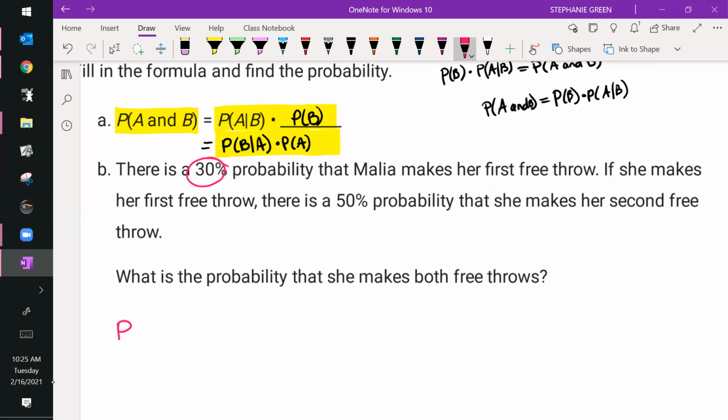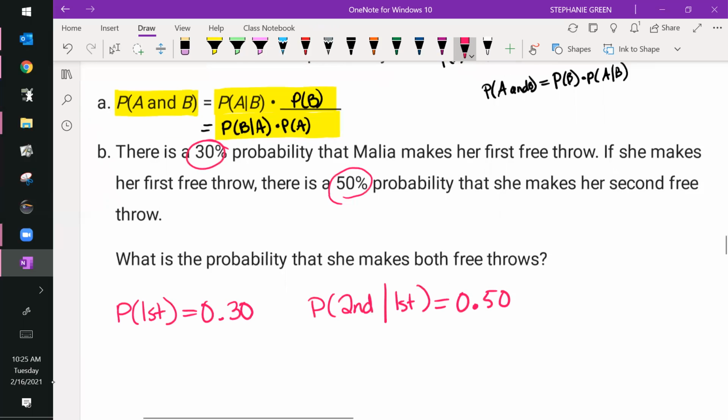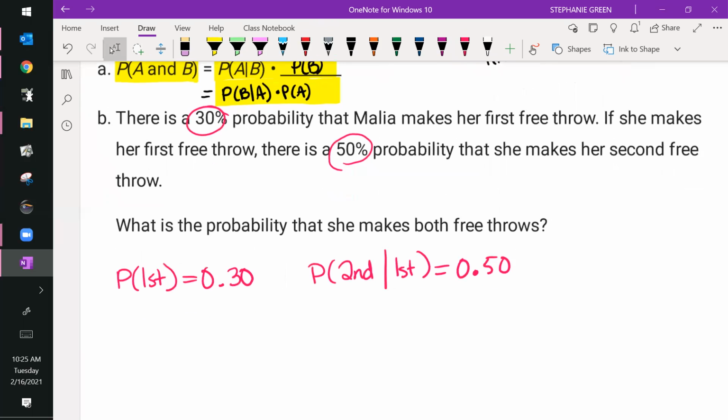That is the probability that she makes the first free throw. And we have this 50% here. What is that? That's the probability that she makes the second free throw given that she made the first free throw. And we want to find what is the probability that she makes both free throws, first and second.